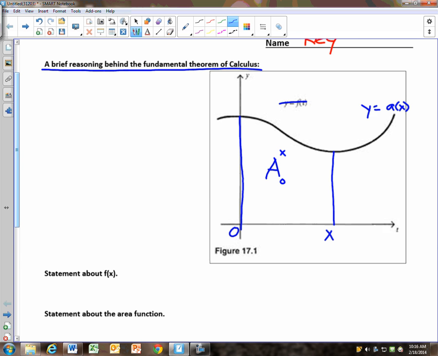Now, I'm going to look at another area. I'm going to look at that area, the red area.